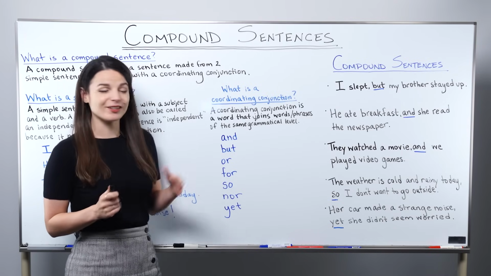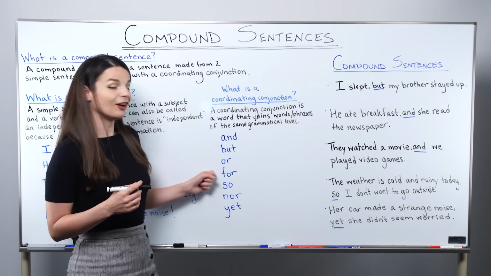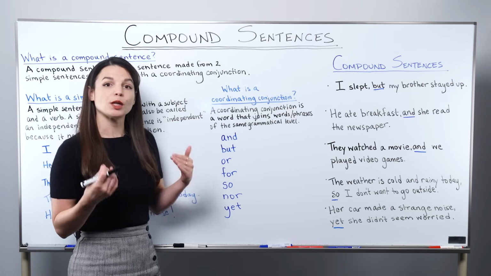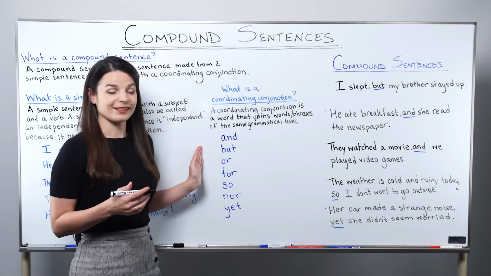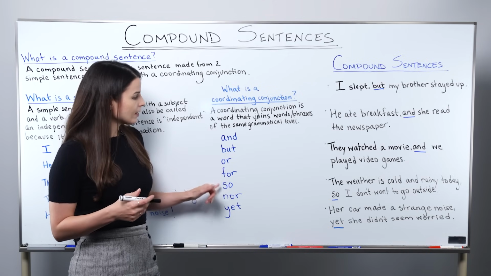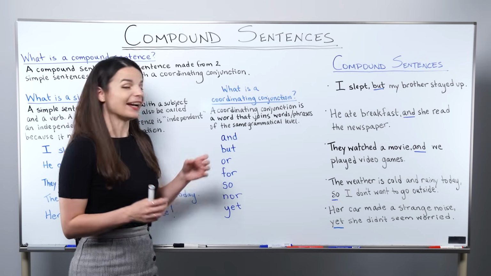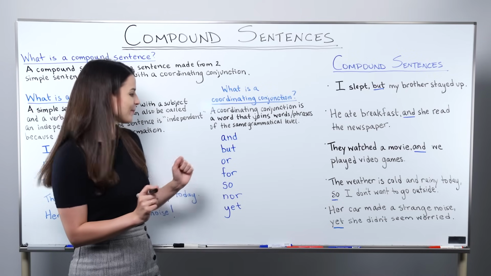So coordinating conjunctions are and, but, or, for, so, nor, and yet. So we can use these words to join simple sentences together, okay? So, of course, each of these different coordinating conjunctions gives us a different meaning. So, and is like adding information. But is showing the opposite of something.